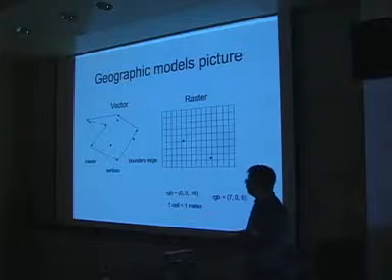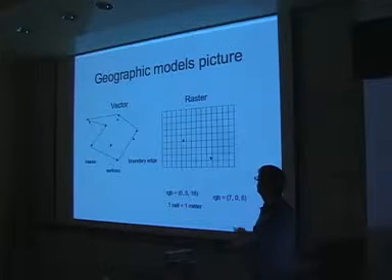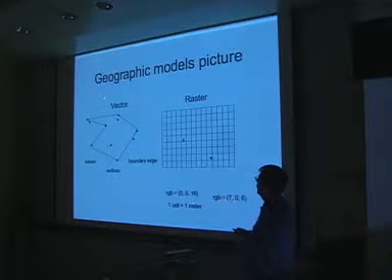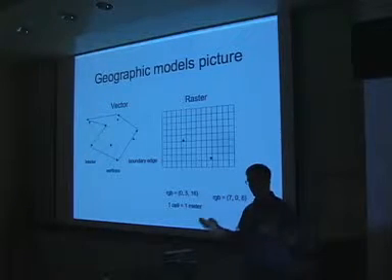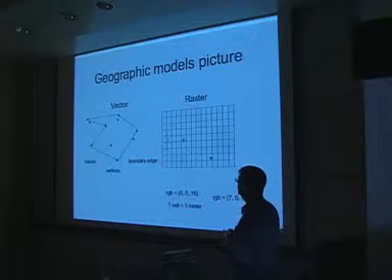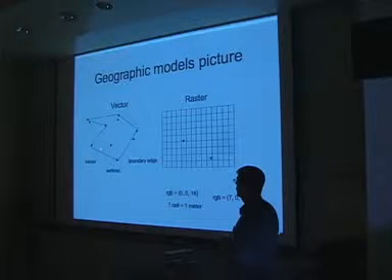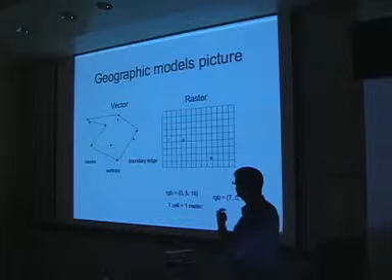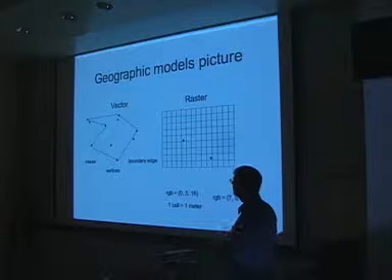Here are pictures of our two main geographic models. So there's a vector. It's not a mathematical vector at all. I mean, it's vaguely related, but it's not. There's a vertex, there's a vertex, there's a vertex, etc. They have an orientation. Generally, I think it's counterclockwise. I don't pay much attention. It has an interior, an exterior, and a boundary edge.